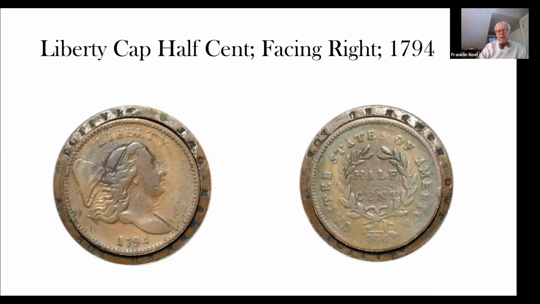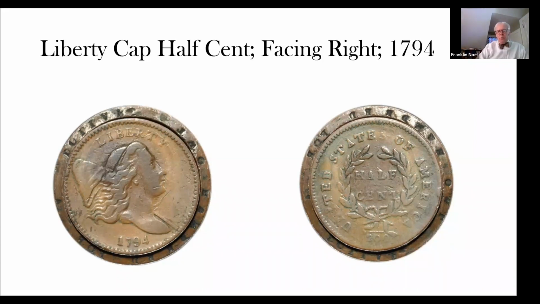5 obverse dies and 5 reverse dies were mixed and matched to create 9 different die varieties of 1794 half-cents, the most die varieties for any Liberty Cap half-cent, and the second most die varieties among all of the half-cent years.